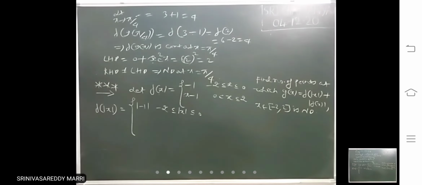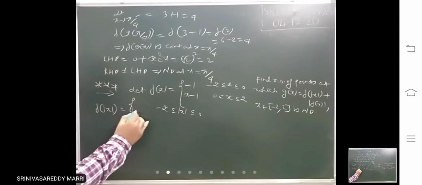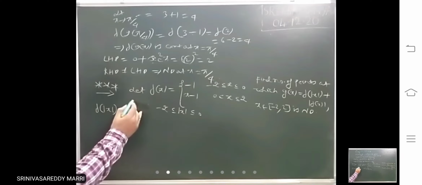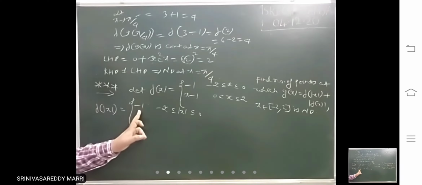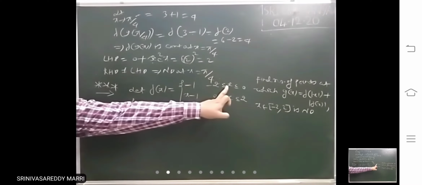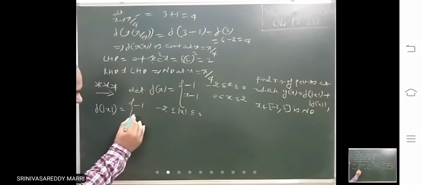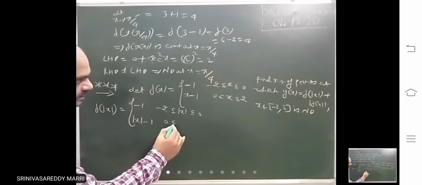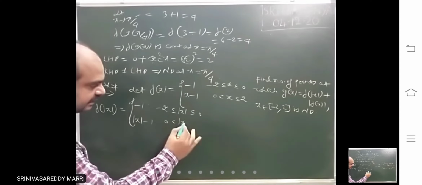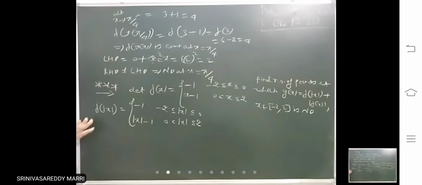So the first piece is -1. Sorry, there is no x in it, so this stays -1. In place of x in the conditions, you substitute modulus x. So the condition for the second piece becomes 0 less than modulus x less than or equal to 2. So this is the definition of f of modulus x.